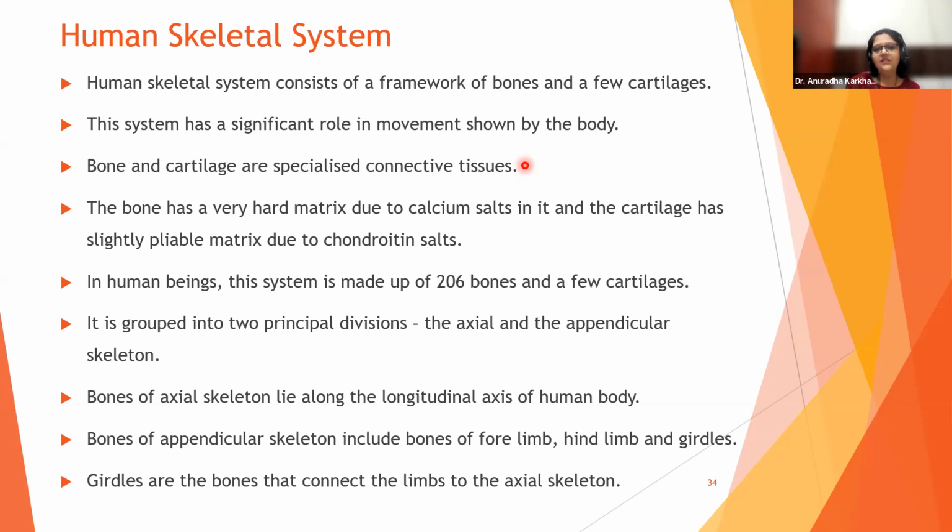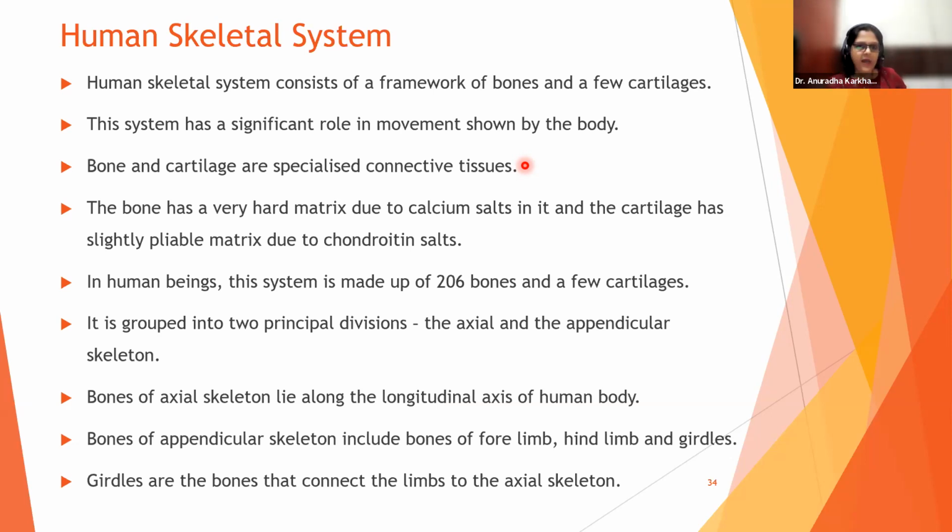Okay? Girdles are the bones that connect the limbs to the axial skeleton. So here, my arm, your arm, which is connected to the axial skeleton, what will I call this portion? Pectoral girdle. So girdles are the connectors between the appendicular and axial skeleton.